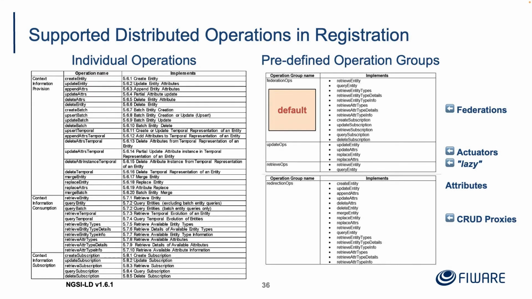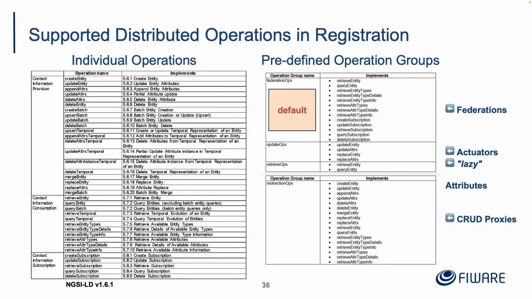Now, as I've pointed out, the 1.6.1 is very, very clear that federation is the default operation for registrations. So you would be able to get all of the operations defined for federation by default. If you don't bother putting in a mode, that's the mode you're going to get. But there are two other useful groups, one for actuations and one for lazy attributes, either going to be a get or a patch for the entity attributes.